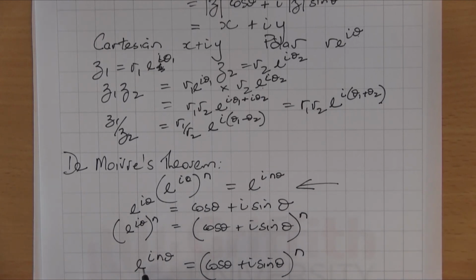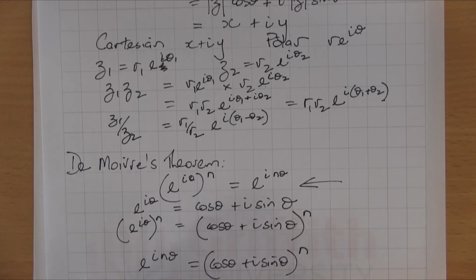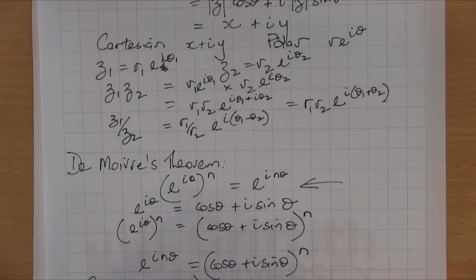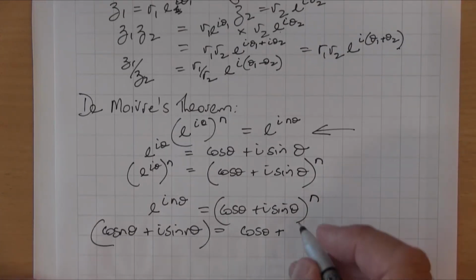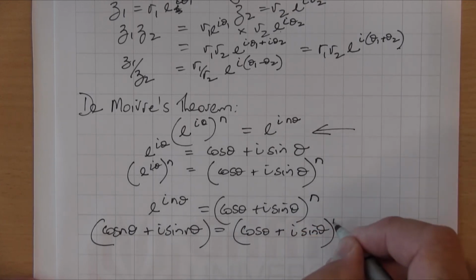But this here can be rewritten. e to the i n theta can be written as cos n theta plus i sine n theta is equal to cos theta plus i sine theta, raised to the power of n.